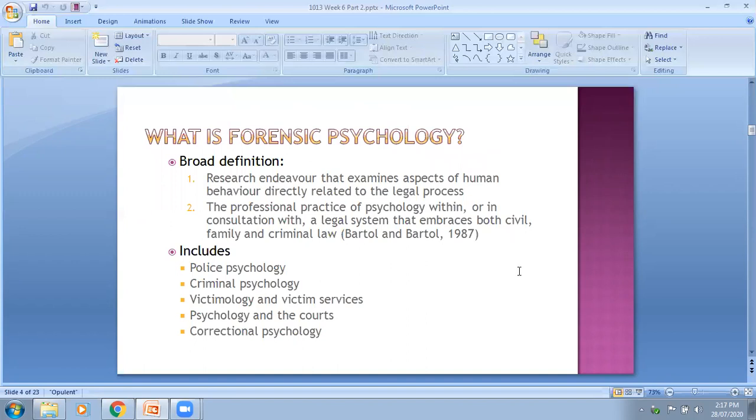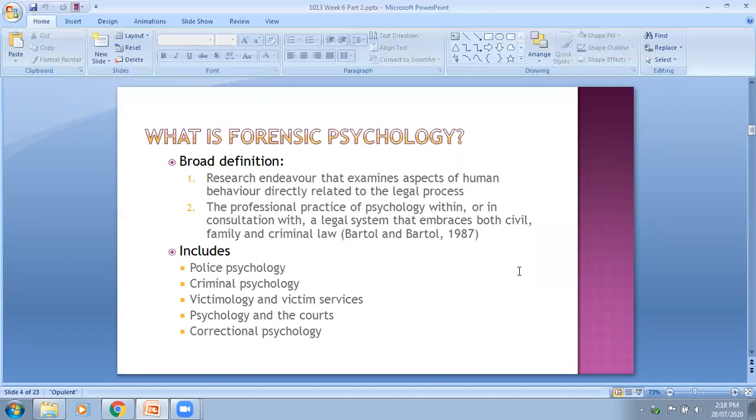So forensic psychology, which you will do next trimester, is examining aspects of human behaviour directly related to the legal process. So police psychology, working with the police to conduct their psychological assessments to decide whether they can become a police officer or not.